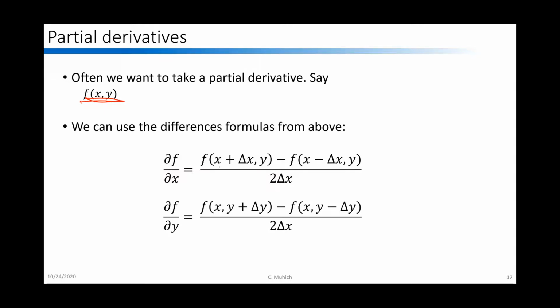In our first set of derivatives, when we want to look at our central difference formula, say, with respect to x, I keep y constant when I calculate my values, and I change just x. So I do x plus delta x and x minus delta x.